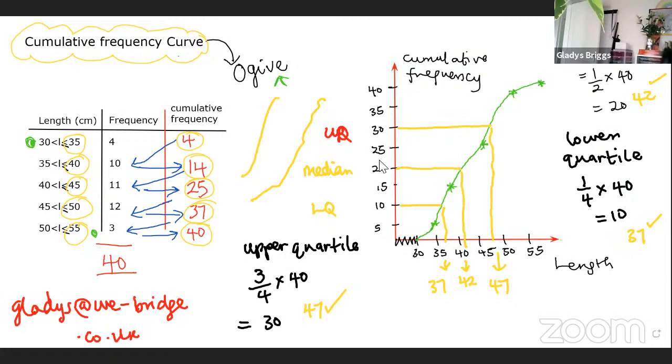So let me do that now. Here's my Zoom. Where is my Gmail?